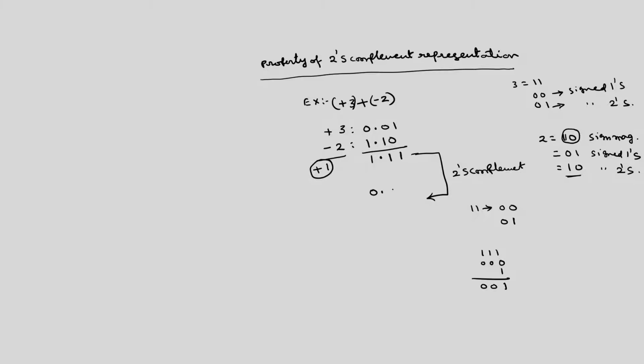This is 0.01. So, this will represent a positive number, and this one is the magnitude. Magnitude, this is equal to 1. So, this is plus 1. So, you see how we can perform this sign 2's complement addition. There is no subtraction at all here, because we are going to represent the number along with the sign.